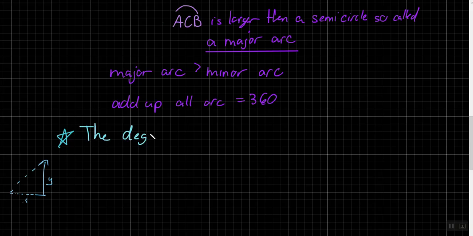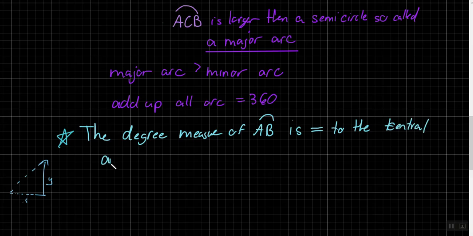The degree measure of arc AB is equal to the central angle, angle APB. So I'm going to draw my picture again. You don't need to because it's up above.